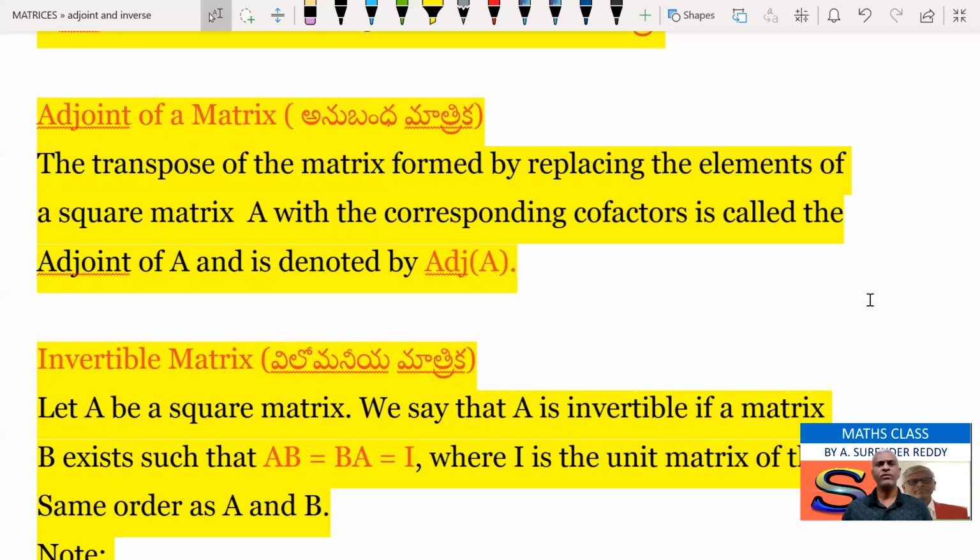The transpose of the matrix formed by replacing the elements of a square matrix A with the corresponding cofactors is called the adjoint of A and is denoted by adj A, read as adjoint of A.